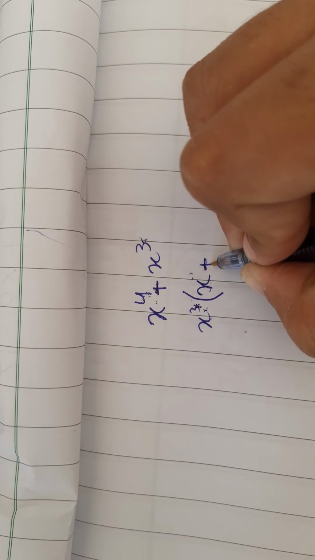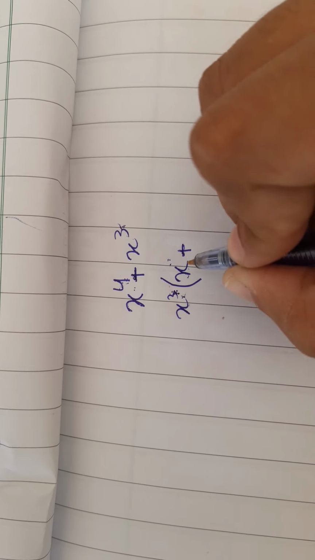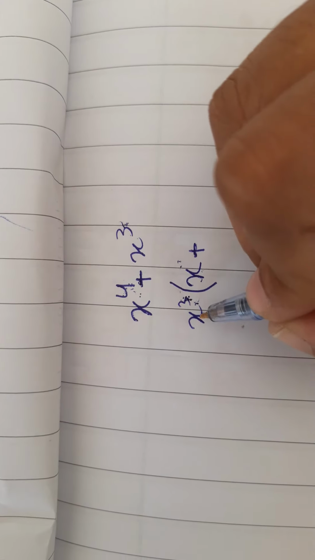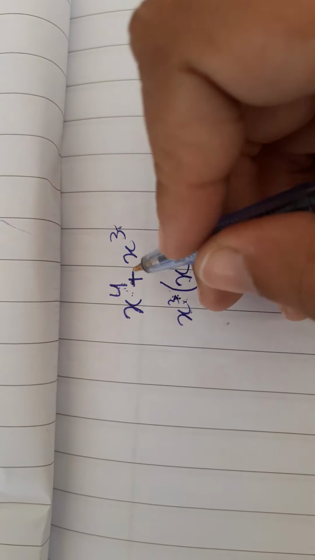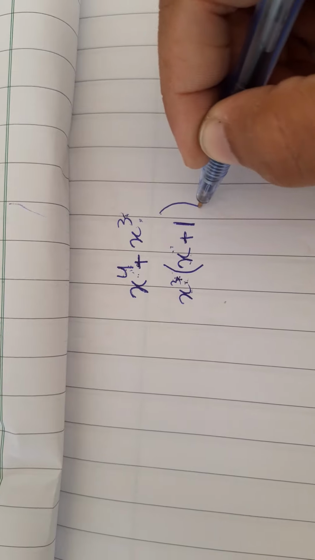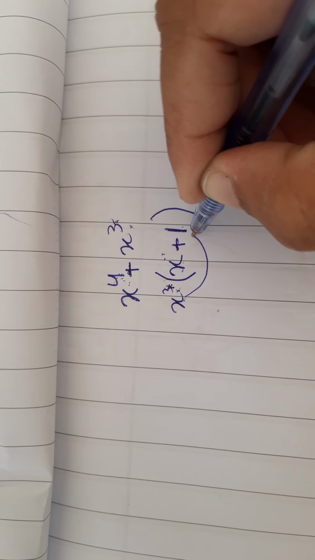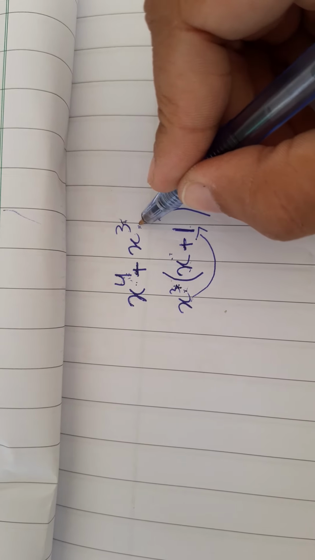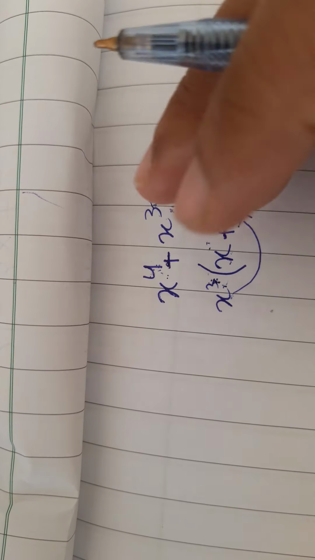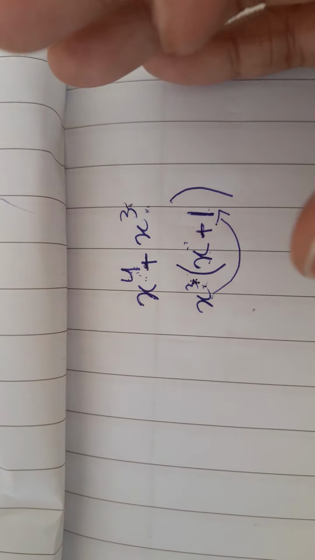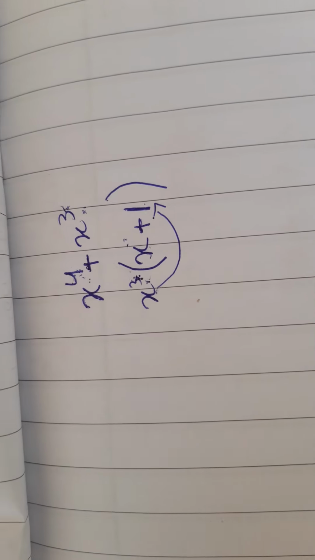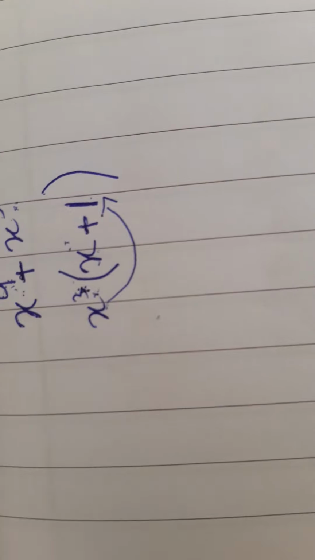So when x multiplies with x cube, we get x power 4, right? And x cube will multiply with which number so that we get x cube? We will multiply with 1. X cube will multiply with 1, and we will have x cube. So this is the way we can break the powers to make their factors. Clear? So I'm going to start with an example.